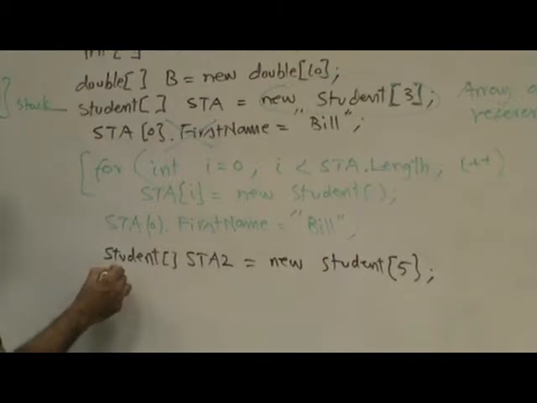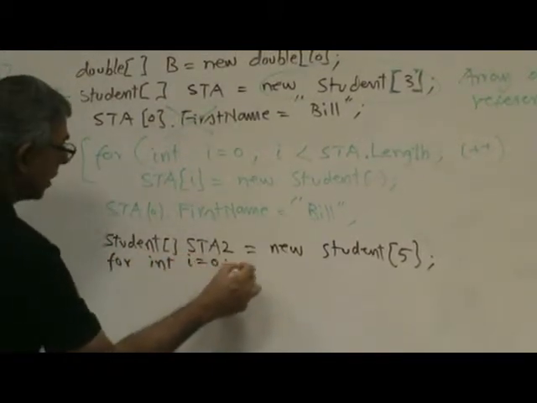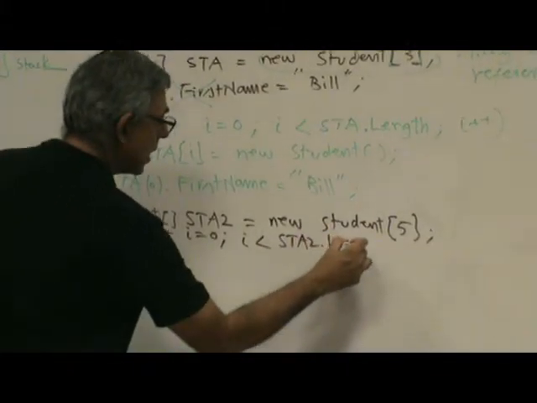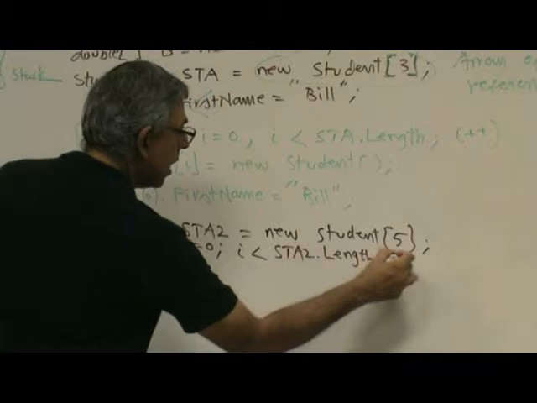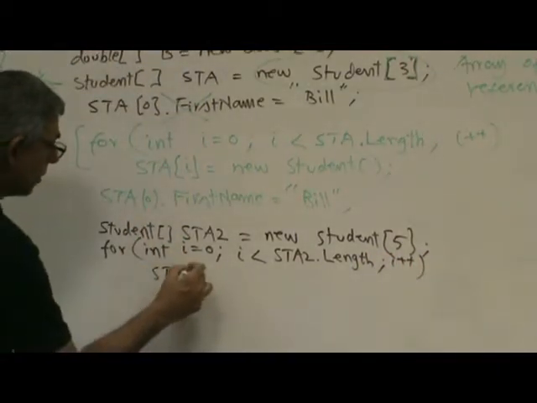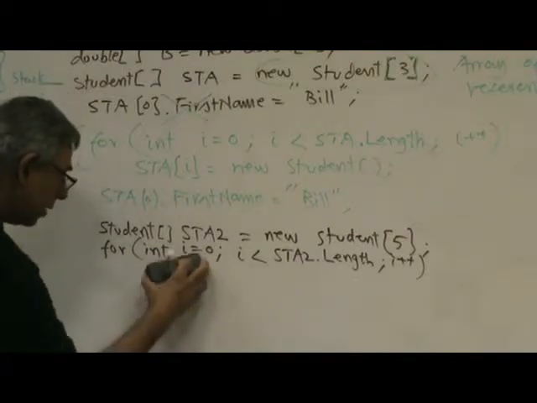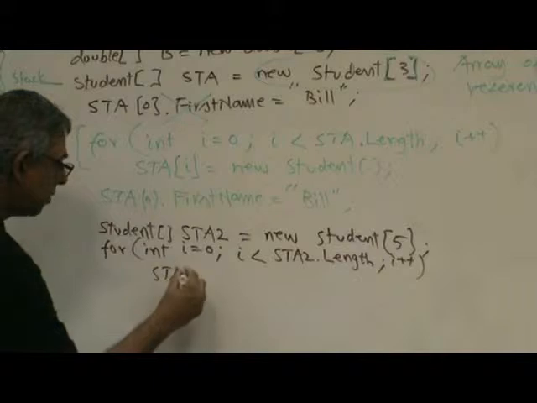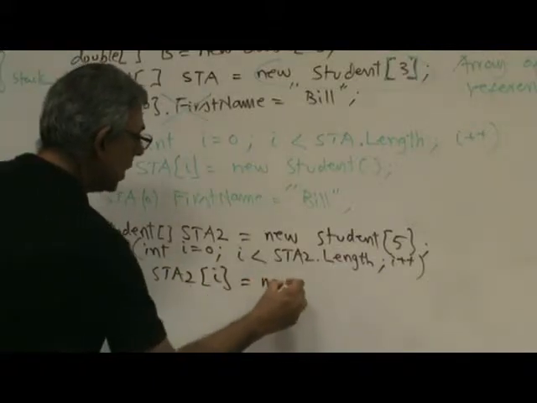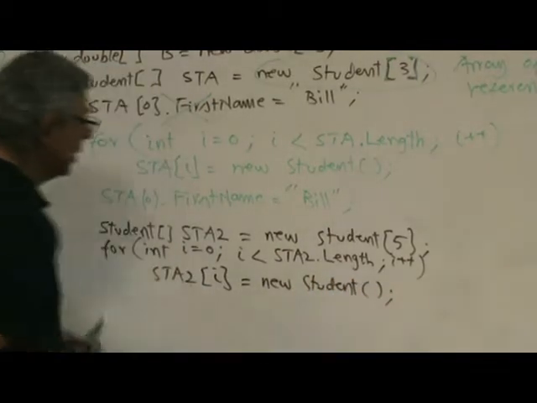Then for int i = 0; i < sta2.length; i++, sta2[i] = new Student. So we allocate memory for now 5 students, right?